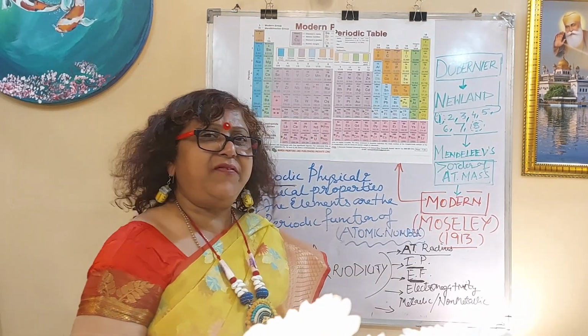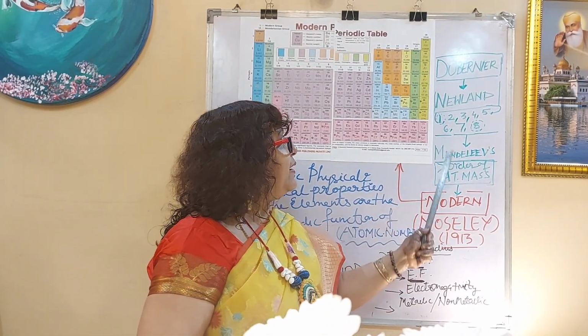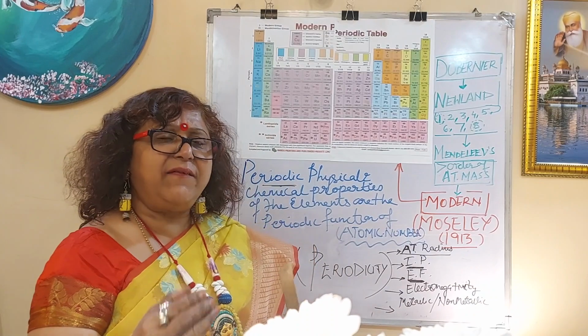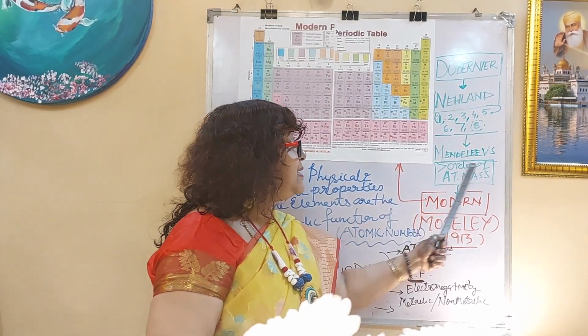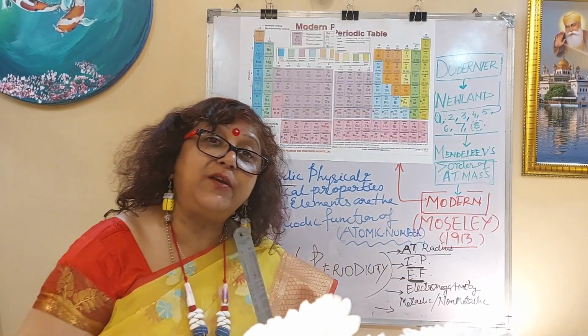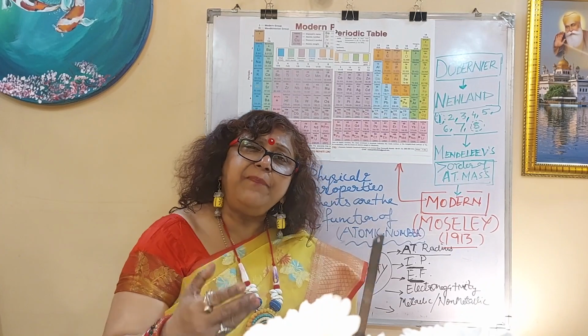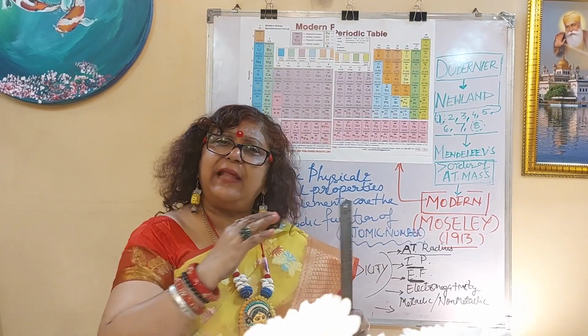Then came Mendeleev. We have to focus on the modern periodic table, but I am telling you the evolution: Dobereiner, Newlands, then Mendeleev. He gave a significant contribution. He arranged the elements in increasing order of their atomic mass. The keyword here is atomic mass. At that time, 63 elements were known.